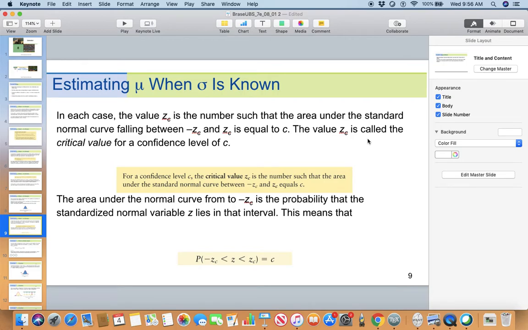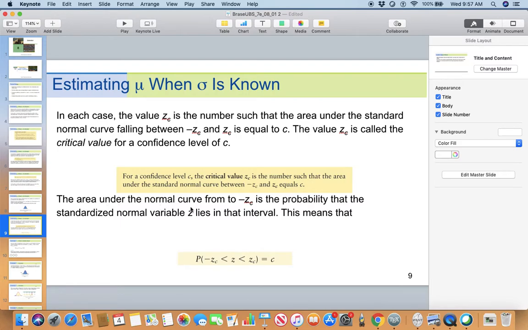The value ZC is called the critical value for a confidence level of C. Remember, confidence level is a number, not a percentage anymore. It's a number between 0 and 1.